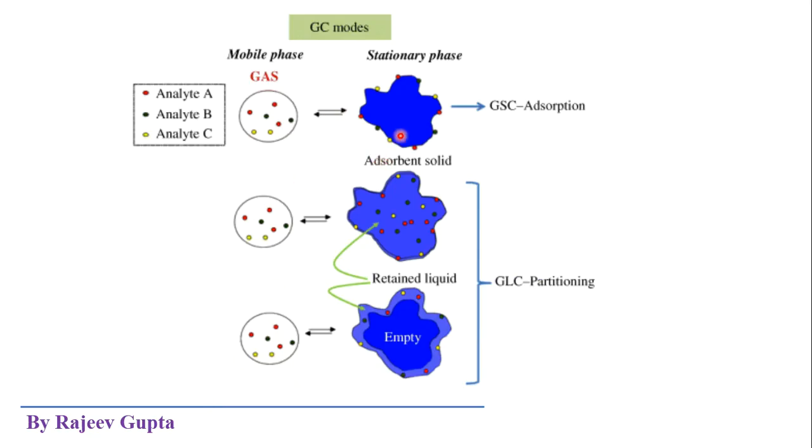Again, the difference between GLC and GSC is shown. See this first portion of the diagram. This is GSC adsorption, where these gas molecules, meaning the vaporized sample, with different components present, red color, green color, yellow color, are adsorbed on the surface of this blue colored solid particle.